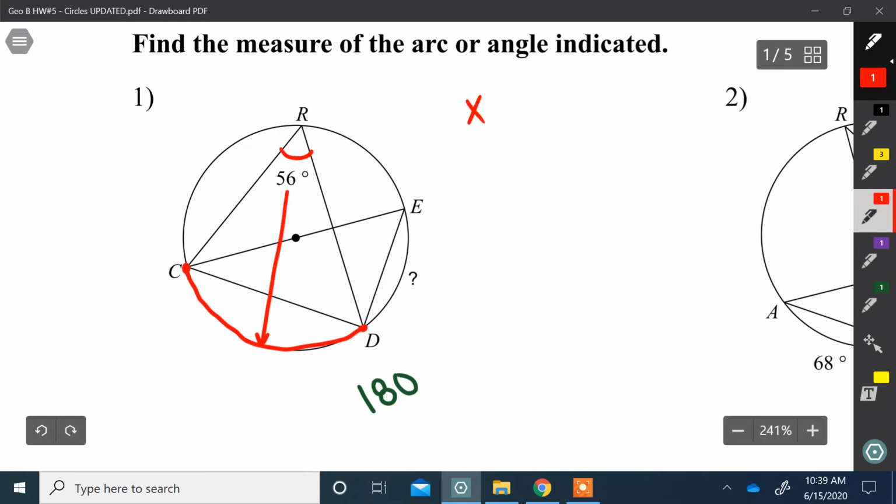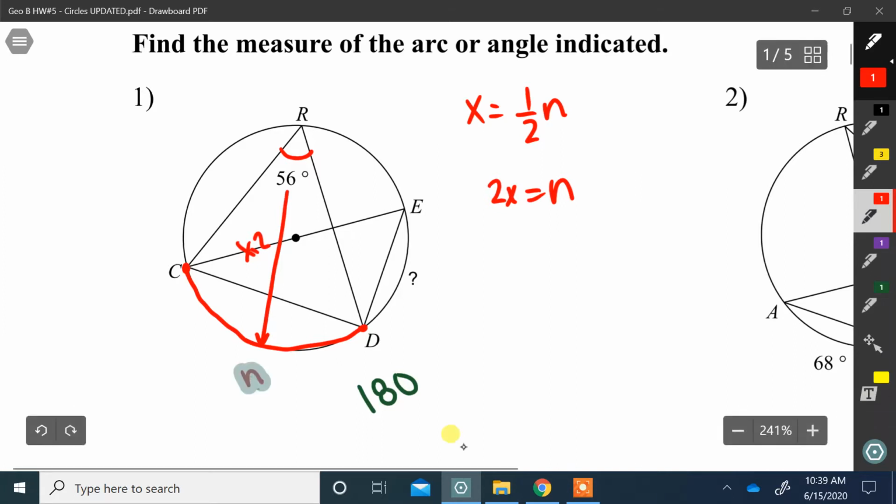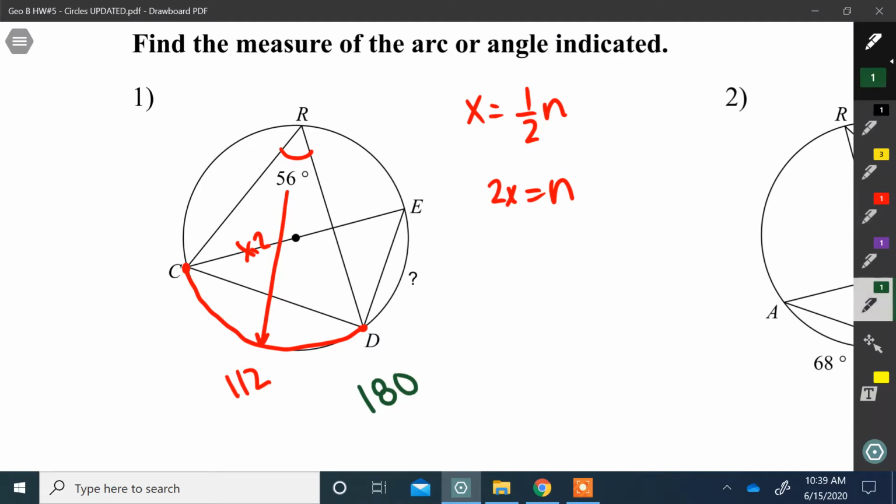The formula is also this right here, where the arc is 2 times the angle. So if I multiply 56 times 2, that gives me 112. Well, if this is 112, it's very simple to get the answer right there.